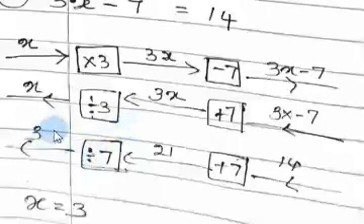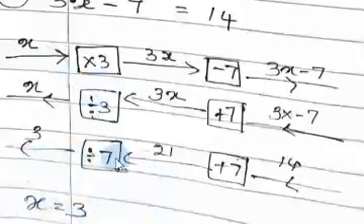On behalf of x, that position is taken by 3. That means x equals 3. So the solution of this equation is x equals 3.